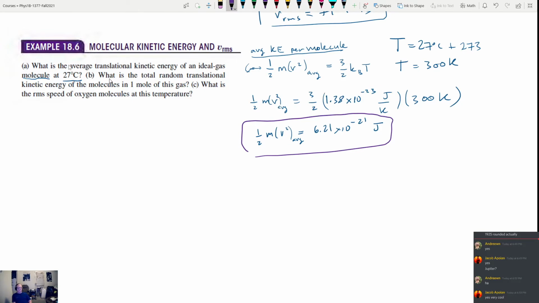Next it says, what is the total random translational kinetic energy of the molecules in 1 mole of this gas? All right, so this is, right here, the kinetic energy for a single molecule. How would I find the total translational kinetic energy in 1 mole of this gas?